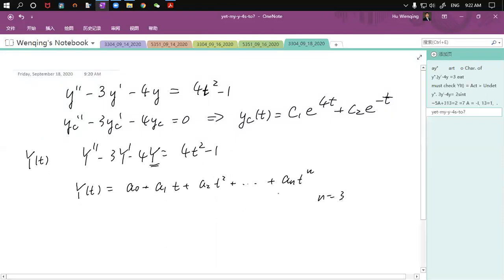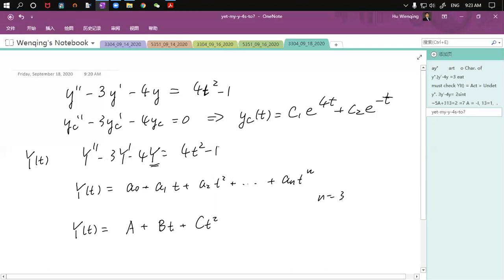So that gives us the more realistic conjecture that it should look like a plus bt plus ct squared, and you never increase the order. Is it possible to just try a plus bt? Well, that's not good either, because when you take derivatives you only reach polynomials of a lower order, so the highest order on the left-hand side will be first order. It will never be a second order polynomial.